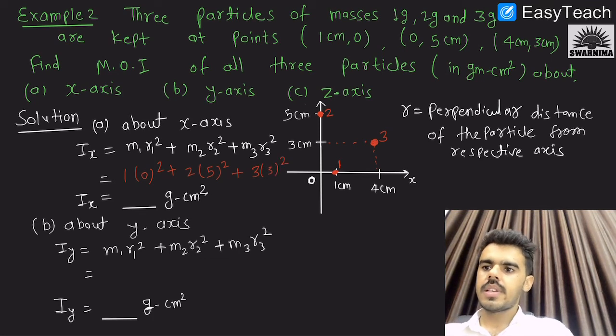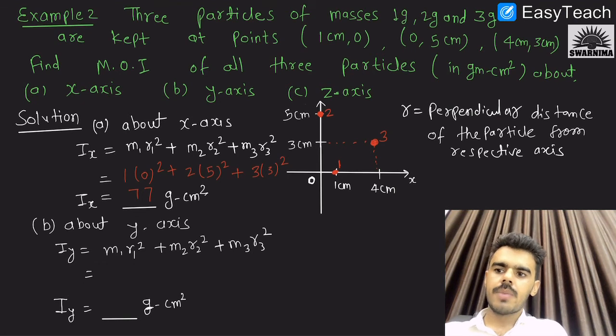So 2 into 25 means 50 plus 9 into 3, 27. 50 plus 27, so it is 77 gram into centimeter square.